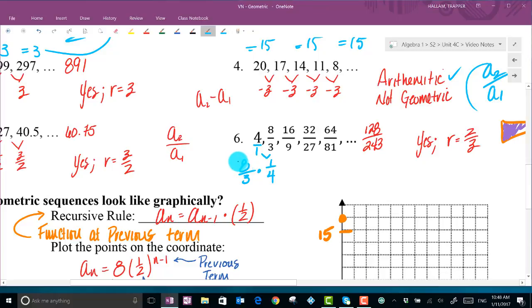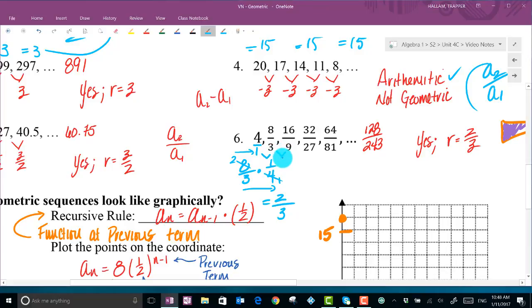Well, we can go ahead and reduce: 4 divides into 8 and leaves a 2, and 4 divides into 4 once. If I multiply across, numerator to numerator, denominator to denominator, I find this results in 2 times 1, which is 2, and 3 times 1, which is 3, or 2/3.